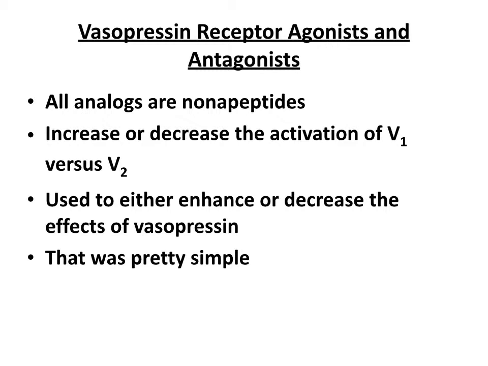They're going to increase or decrease the activation of V1 and V2. Typically, of course, when they're acting like vasopressin, they're going to stimulate these receptors, and some analogs act as antagonists and can antagonize the system. So in terms of clinical use, you either enhance or decrease the effects of vasopressin, right? And that was pretty simple.